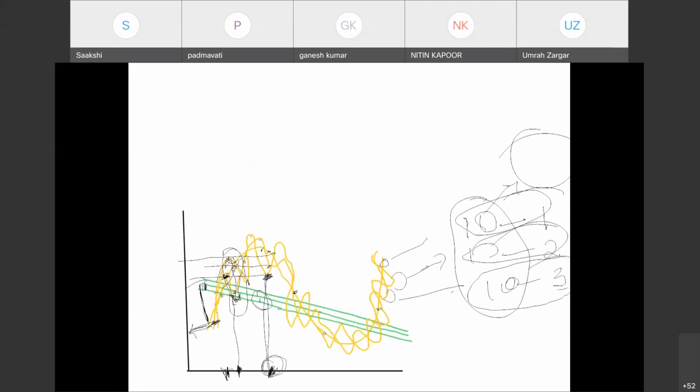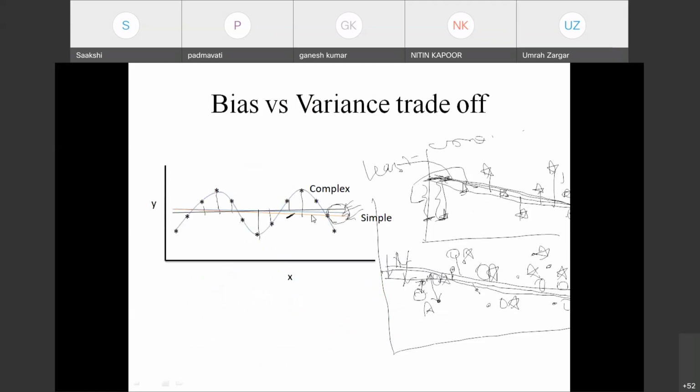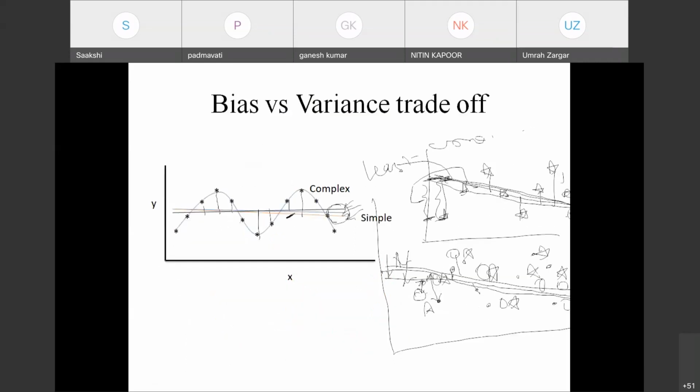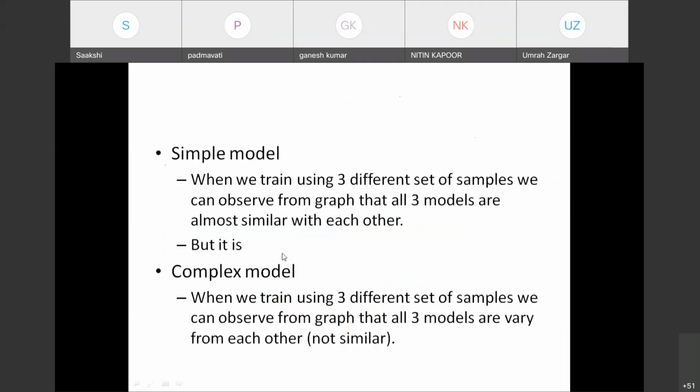Even in the graph you can see they are very close, but they are very far away from the actual data points. You can see the blue line is the one which has given the prediction for these data points, and the predicted value is further away from the actual value.